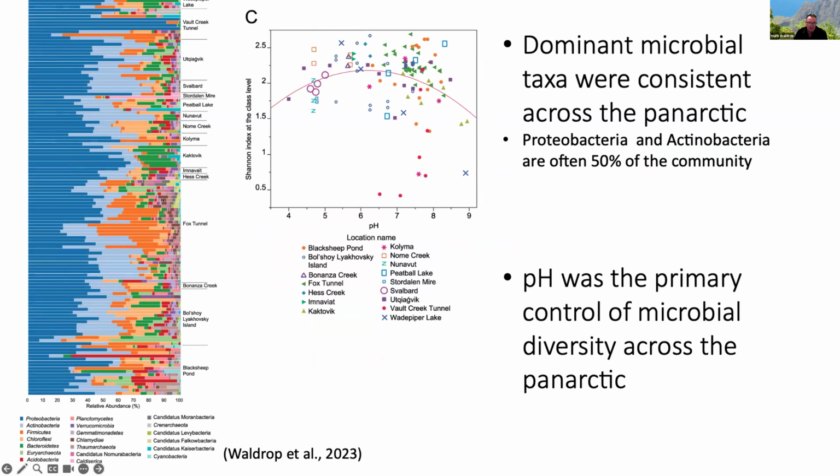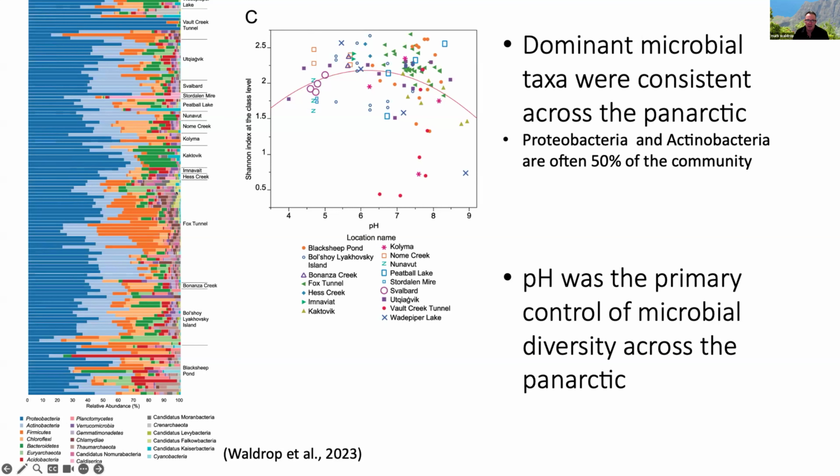So these are some of our taxonomic results. Looking at 16S ribosomal RNA, these are all of our sites on the left-hand graph here. The dominance by the dark blue and light blue indicates that there are some commonalities in taxonomic composition across all these sites, indicating that proteobacteria and actinobacteria are typically the dominant members of the microbial community across the entire Panarctic. Perhaps not so surprising.